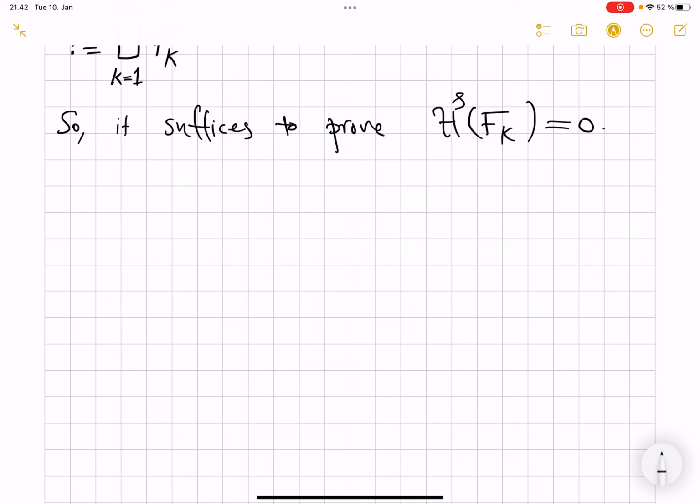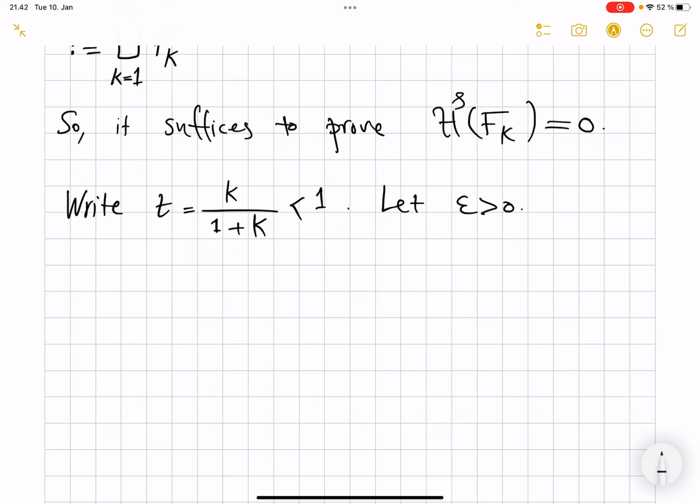Okay, how is this going to be achieved? For simplicity, let's write t to be k over 1 plus k. It's a number less than 1. And let epsilon positive be arbitrary.